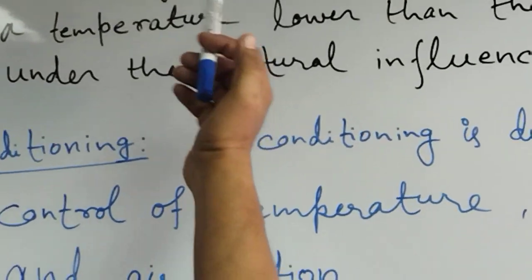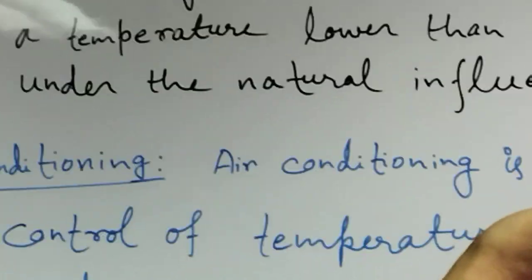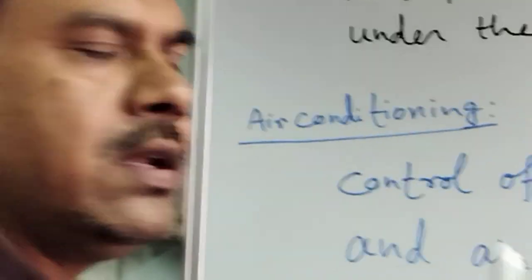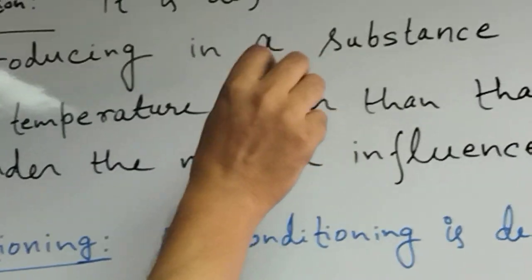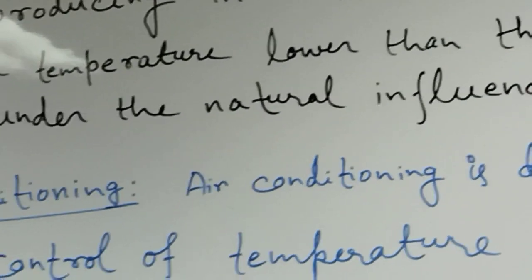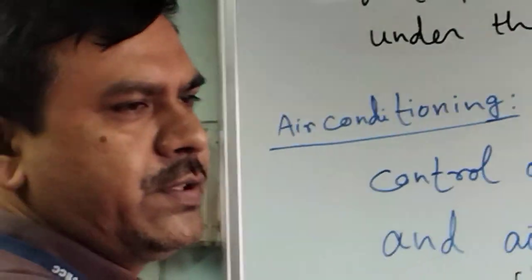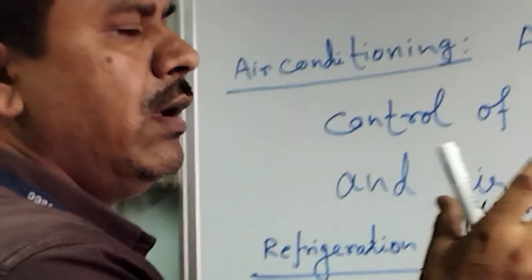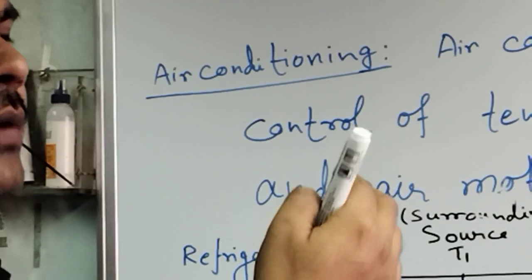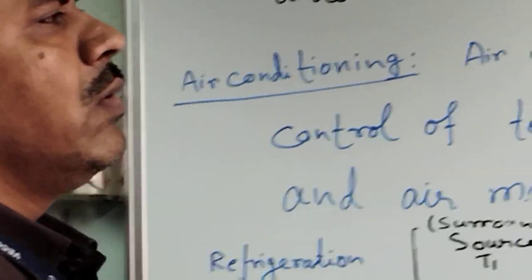Therefore, we remove the heat from the confined space, which is lower, and the surrounding temperature increases as it receives the heat from the confined space, and the confined space temperature decreases, and it can be properly used for storing our foods. When the temperature is lower and sufficient heat is removed, the food lasts a longer time with good quality.